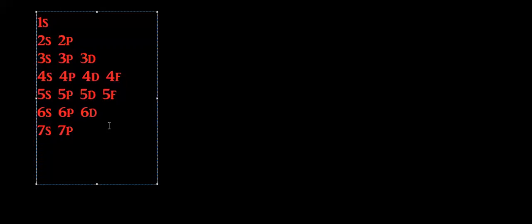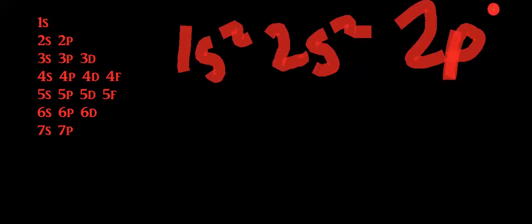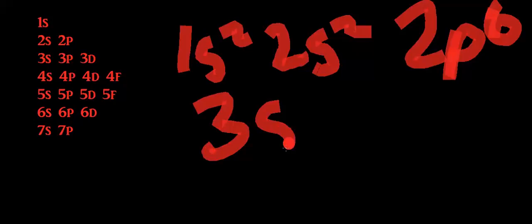Let's say we do number 11 on the periodic table, sodium. In that case, we don't have to write out the full configuration, which would be 1s2, 2s2, 2p6, and 3s1.